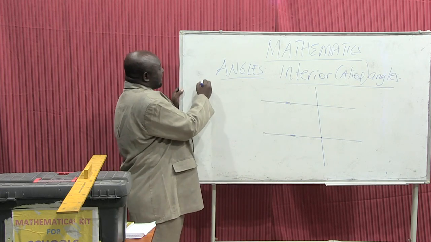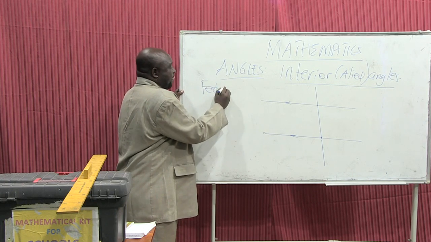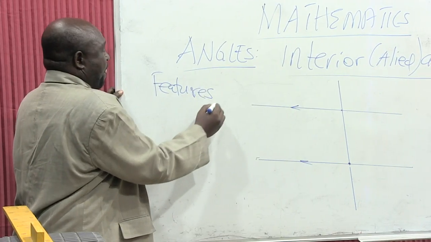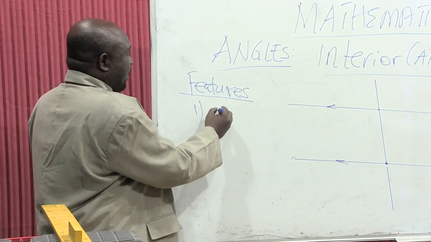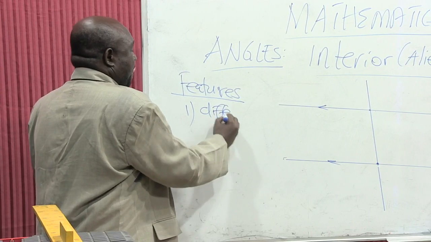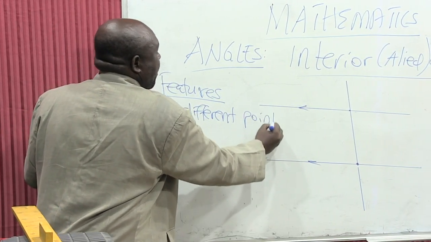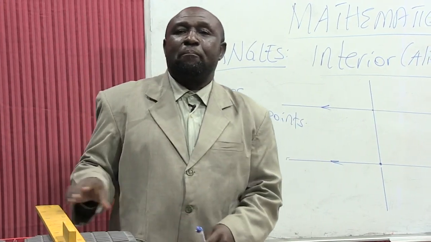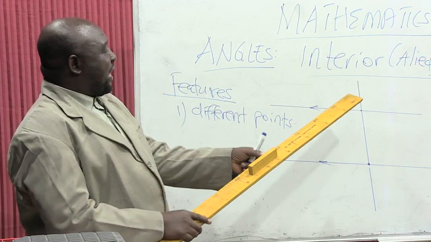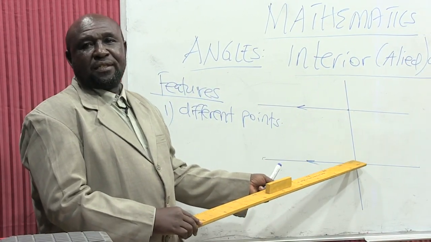Now the features of interior angles. Number one, they are at different points. One angle at this point, another is found at that point.